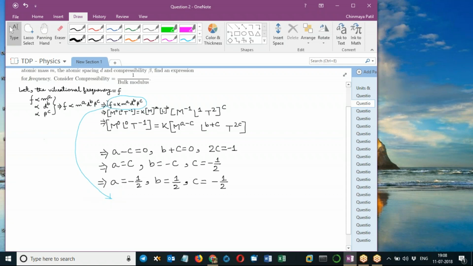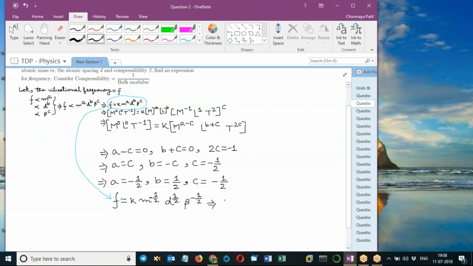If I write it here, then we'll get the same thing: f is equal to k into m power a, a is minus 1 by 2, d power b, b is equal to 1 by 2, and beta power minus 1 by 2.